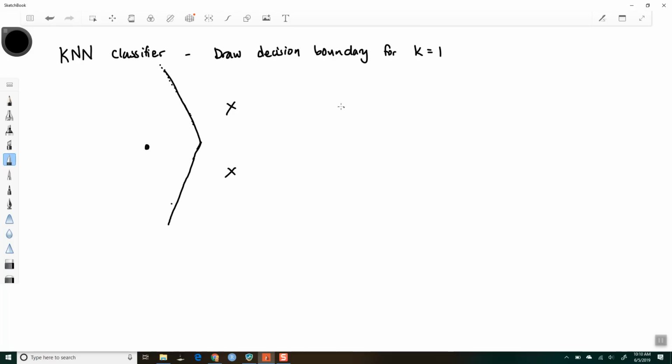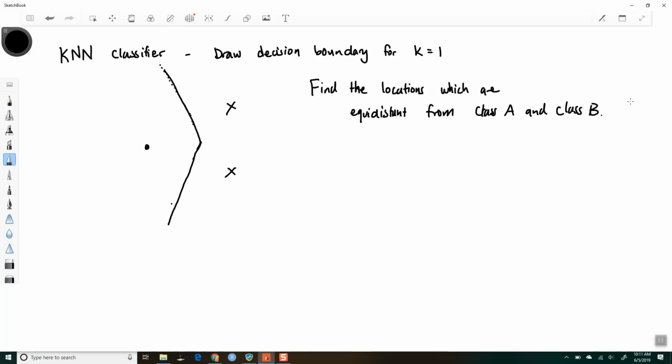Draw a decision boundary for k equals 1. Basically, find the locations which are equidistant from class A and class B. So 2 classes and something like this.